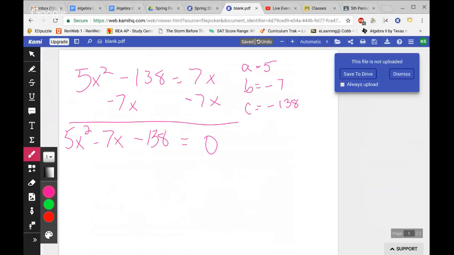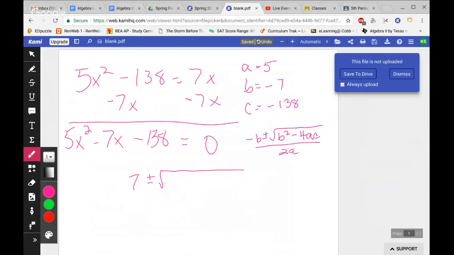So now we'll plug that back into the quadratic formula, which once again is the opposite of B plus or minus the square root of B squared minus 4AC, all over 2A. So the opposite of B, in this case we have a -7, so the opposite of -7 is +7, plus or minus.